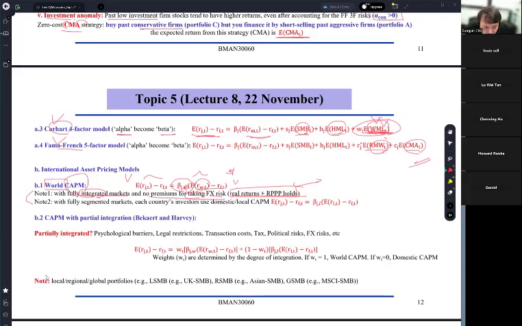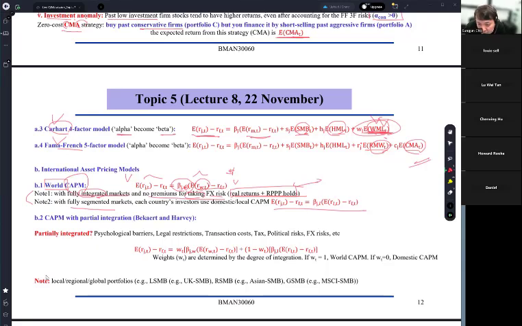Now, what about a fully segmented market? Then each country's investors can only invest into their own domestic market. They cannot invest into foreign stock markets, right? In that case, for each currency, they should use each country's domestic CAPM. For the US, they use the US CAPM. For the UK, they use the UK CAPM.